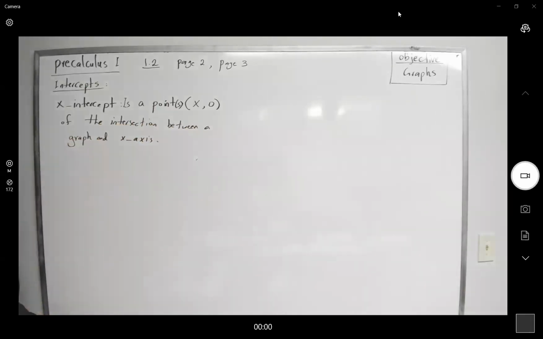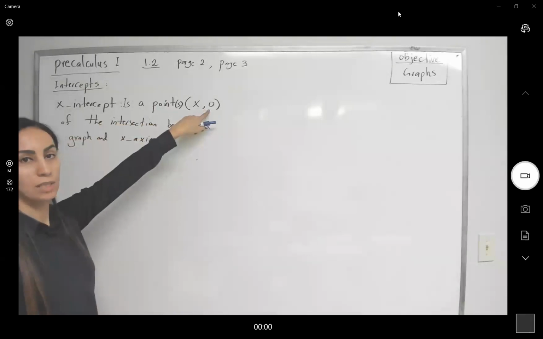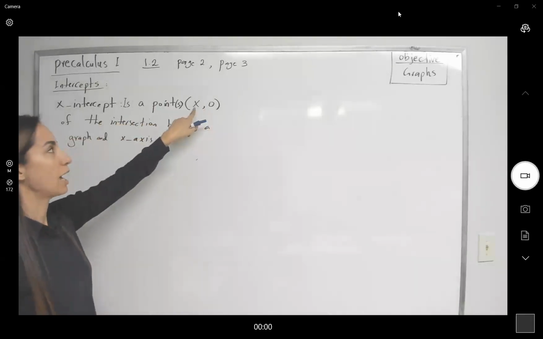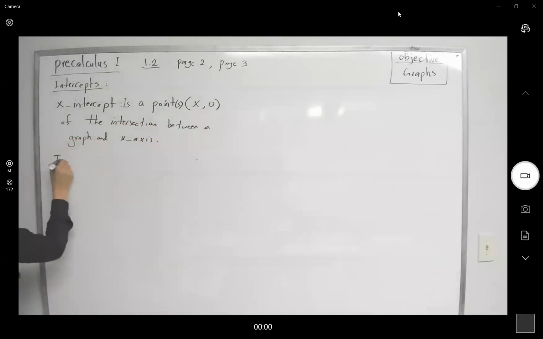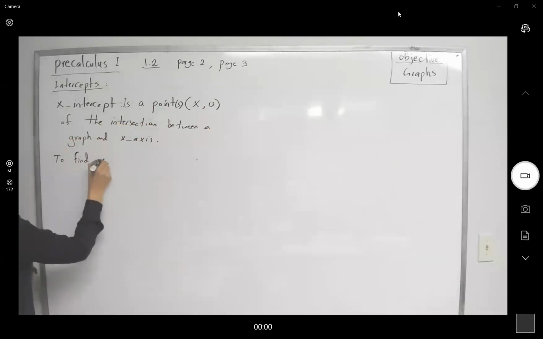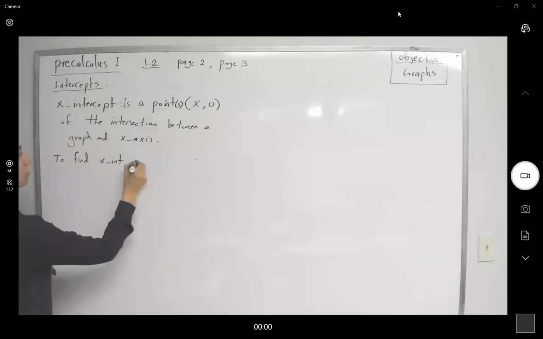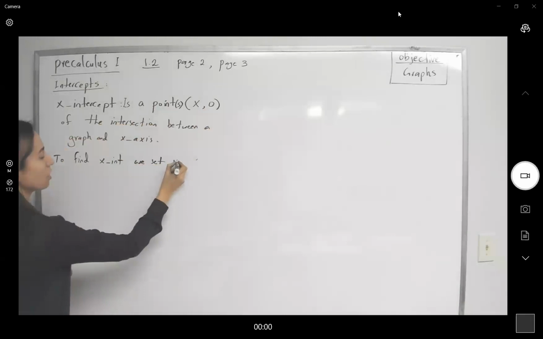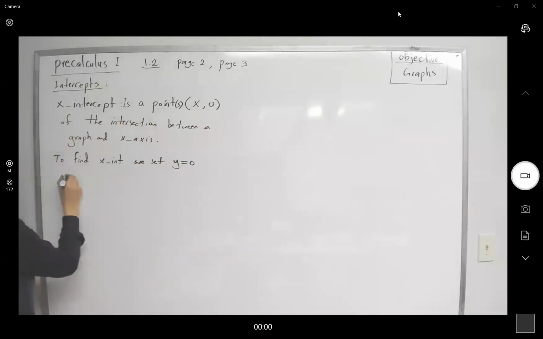To find x-intercept, you set y equal to 0 and solve for x.